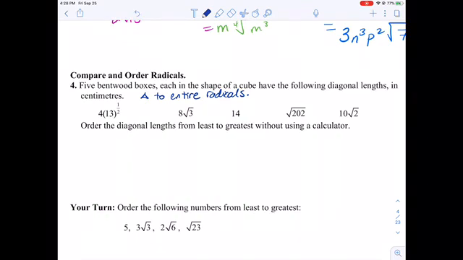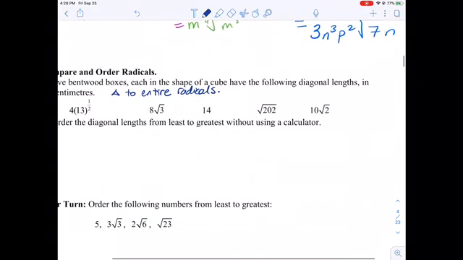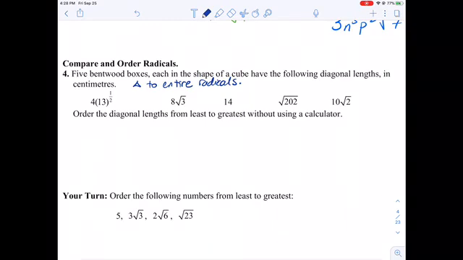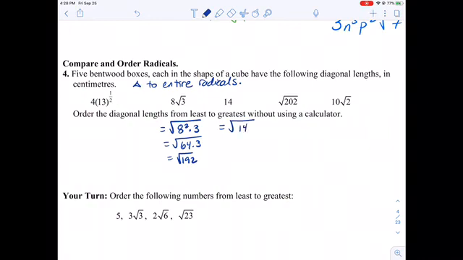Let's look at 8 root 3 first, because we'll review 13 to the 1/2 in a minute. 8 root 3 as a radical, we would change to the square root of 8 squared times 3, which is square root of 64 times 3, which would be the square root of 192. 14 is the same as the square root of 14 squared, which is the square root of 196.